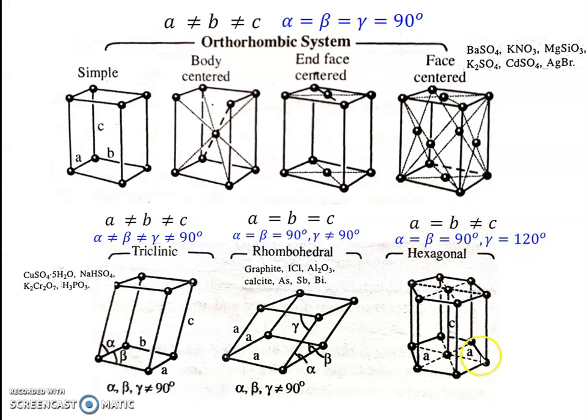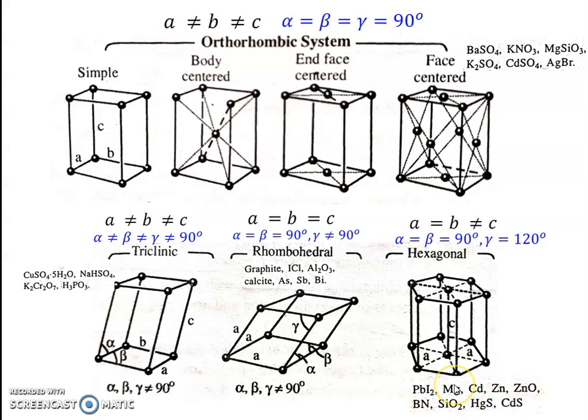These are the lattice parameters, and this is the shape of the hexagonal unit cell, and the examples are lead iodide, magnesium metal, cadmium metal, zinc oxide, boron nitride, silica SiO2, mercury sulfide, cadmium sulfide.